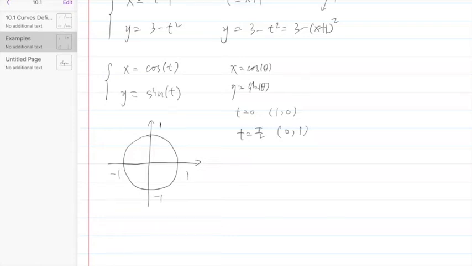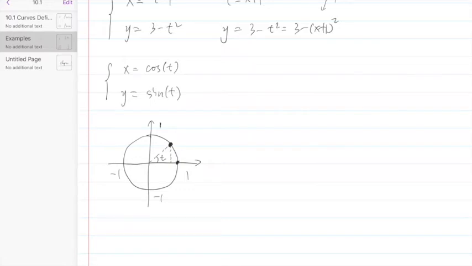If you're on the unit circle, your x is given by cosine, and your y is given by sine, of this angle here. So not only is this the equation of a circle, moreover, the t here corresponds to the angle here.